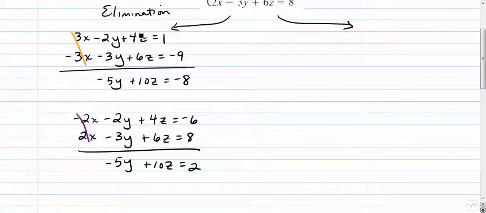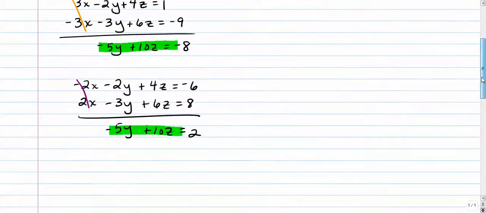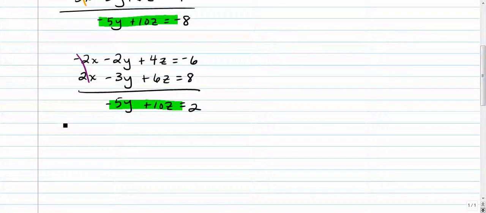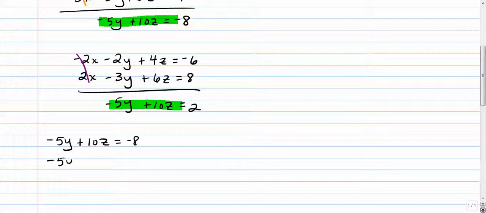Alright, if we're keeping track of what we've got, we have these two equations, and we want to add them together. Remember, elimination is often called the addition method, but you can also subtract if you want to. When we set these up, you'll notice they both have exactly the same coefficients for y and z.